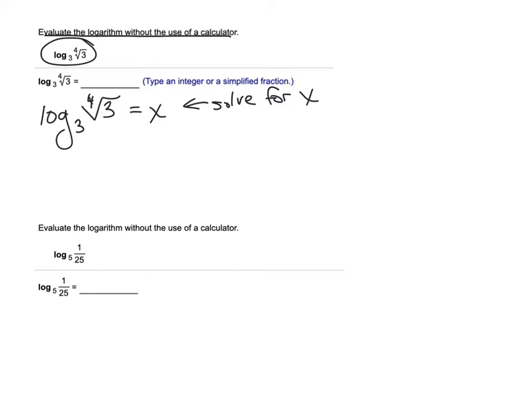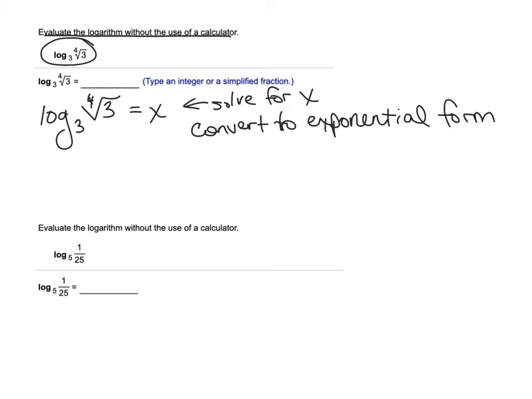The way we solve a log equation is we have to get rid of the log. So what we'll do is we need to convert to exponential. Okay, so first, convert to exponential form. When you do that, you get rid of the log form.